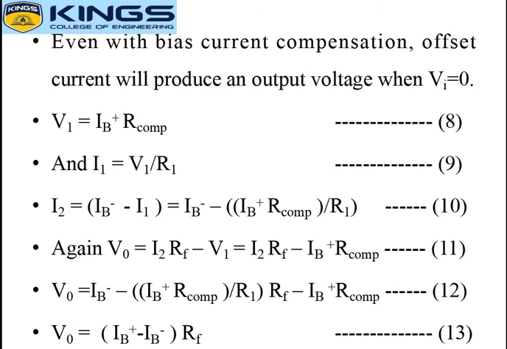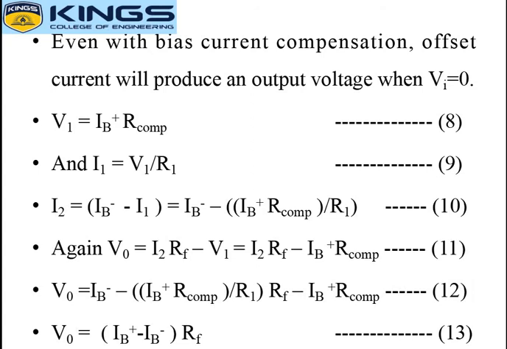Again, V0 equal to I2 RF minus V1. From the above equation, we get I2 into RF minus IB plus into RCOM replaced by V1, equal to IB minus IB plus into RCOM divided by R1 minus IB plus into RCOM.